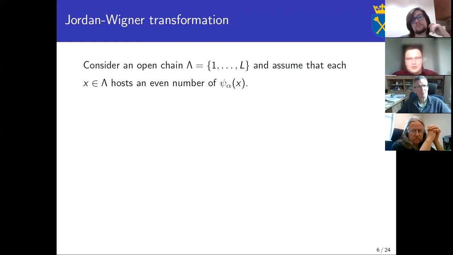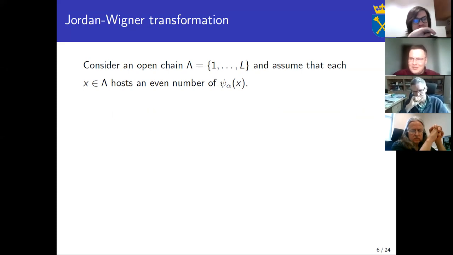So first let me review the Jordan-Wigner transformation, which was introduced in 1928, quite a long time ago. Let us suppose that this lattice lambda is just an open chain, so some L points arranged in a chain, and each point of the chain hosts some number of these operators psi alpha, which is even.